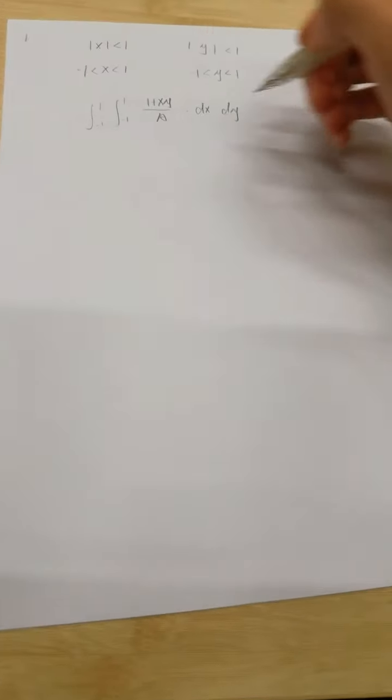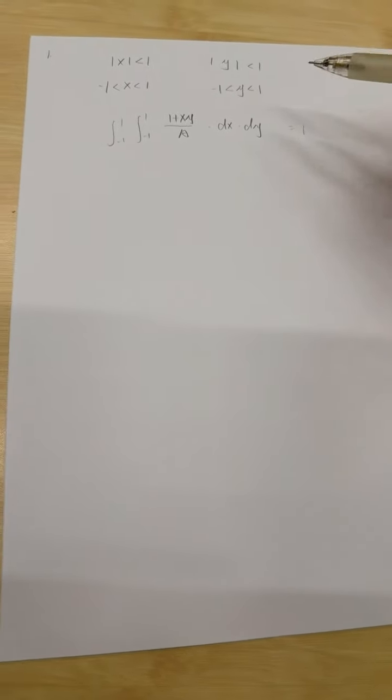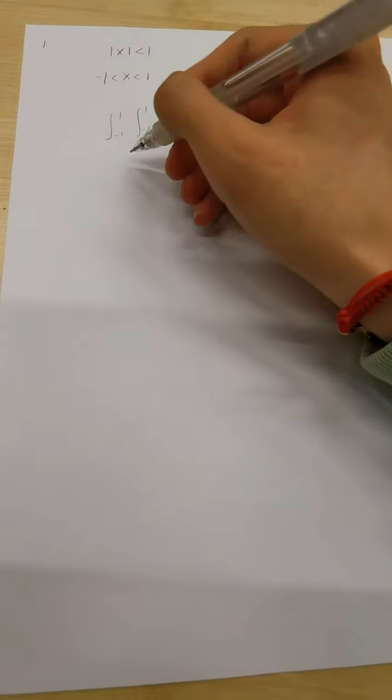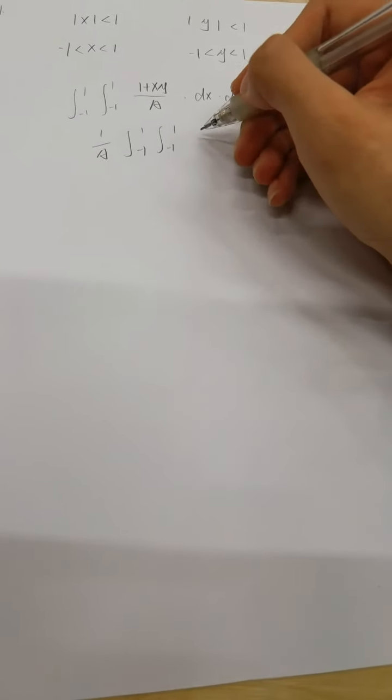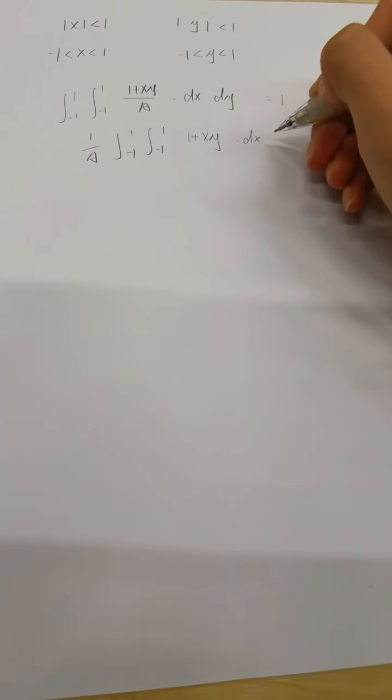As we know, when we integrate the density function, the result is equal to 1, and from that we can calculate A. Let's take A out of the integral, it's easy for us to calculate, times dx times dy.